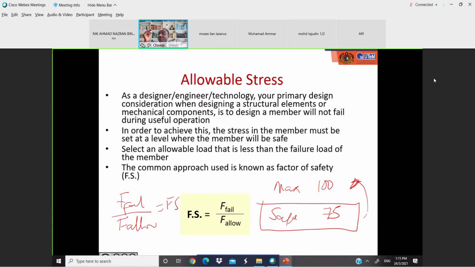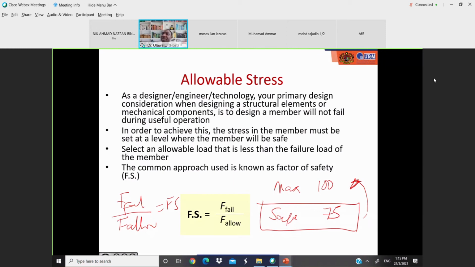But if you are designing a car that just drives on the road, your factor of safety can be much lower compared to something flying in the sky. So your factor of safety will depend on the type of application, but like I said, it must always be greater than 1.